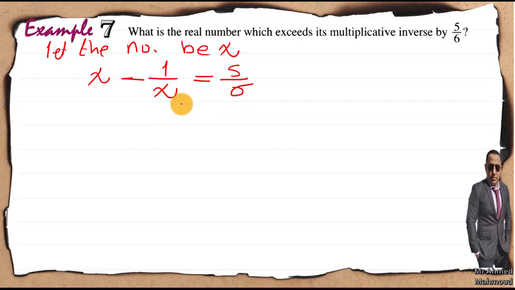Now I have fractions, with denominators x and 6, so I have to multiply by 6x.